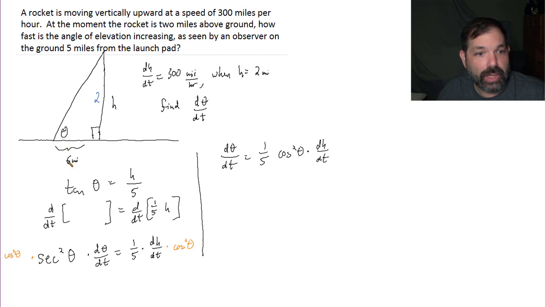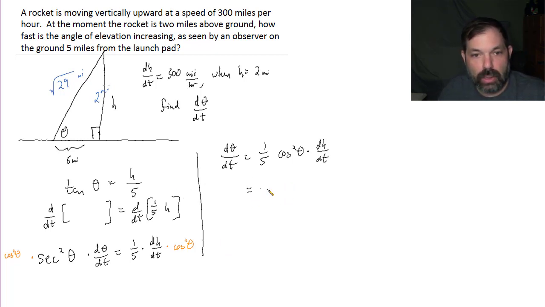If the adjacent is 5 and the opposite is 2, the hypotenuse would be the square root of 25 plus 4, the square root of 29. And each of these are in miles. So then cosine theta is 5 over root 29.